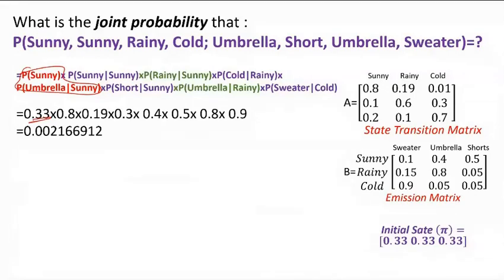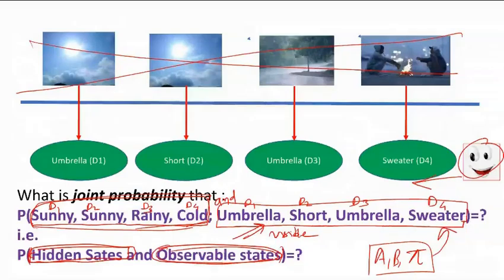Then on the first day you observe that the person is coming with an umbrella, and the hidden state is sunny.